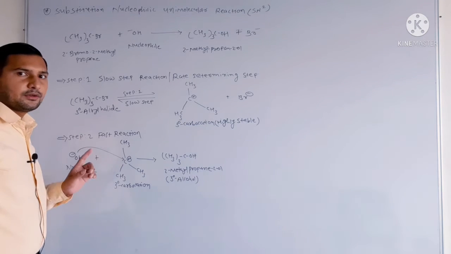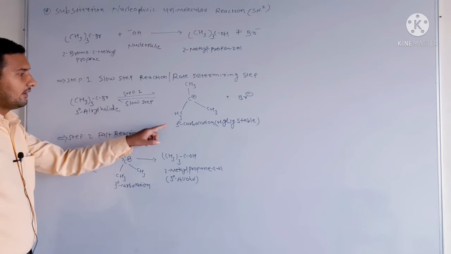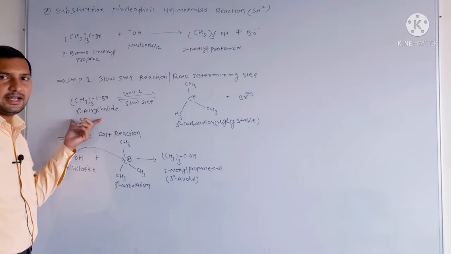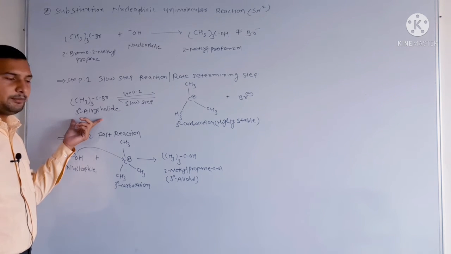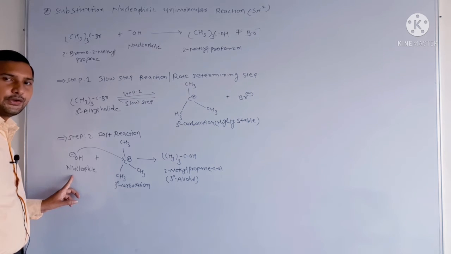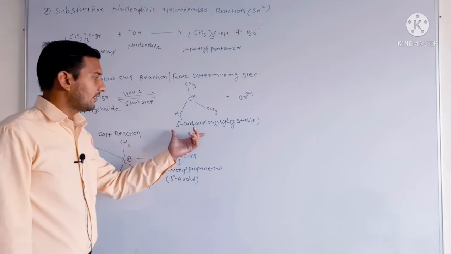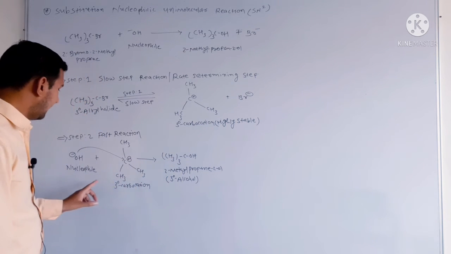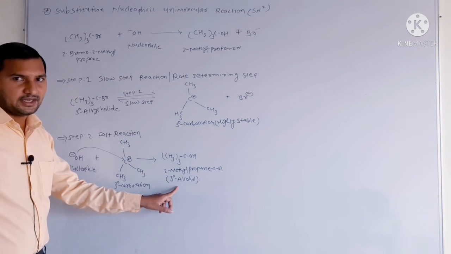The rate of this reaction depends on the concentration of our main substrate, the tertiary alkyl halide. The rate of reaction does not depend on the nucleophile OH- ion, because if the number of carbocations is less, then our product tertiary alcohol is also less.